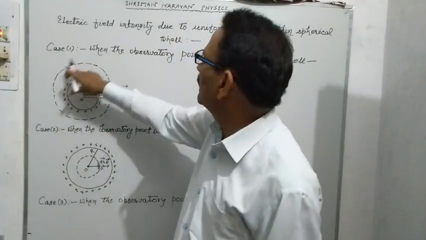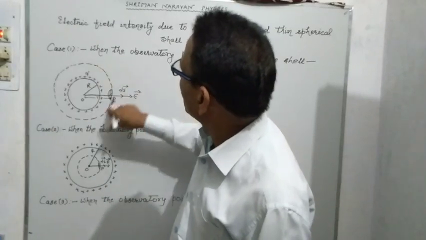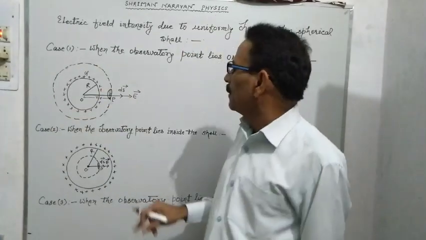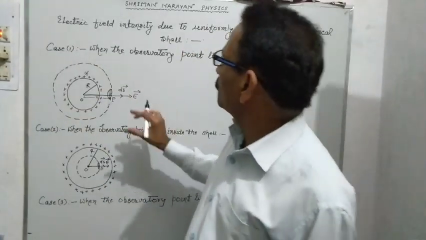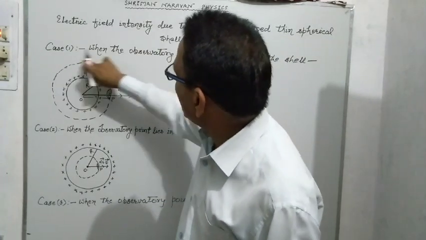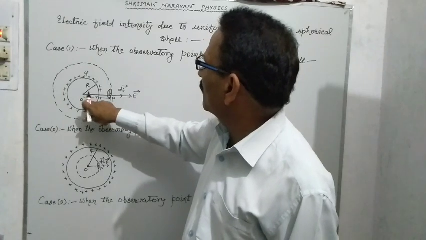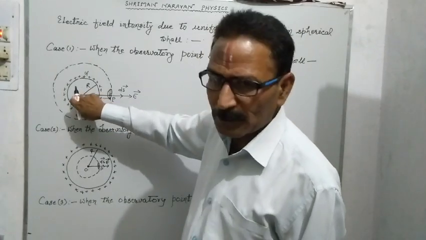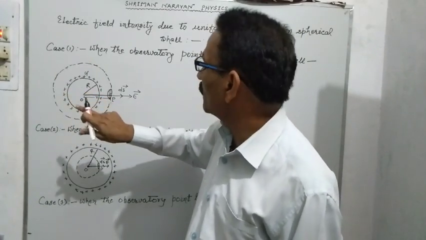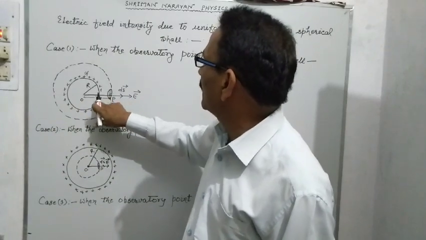Now this Gaussian spherical surface is concentric with the shell, that is, both have the same center, but the shell has radius capital R.